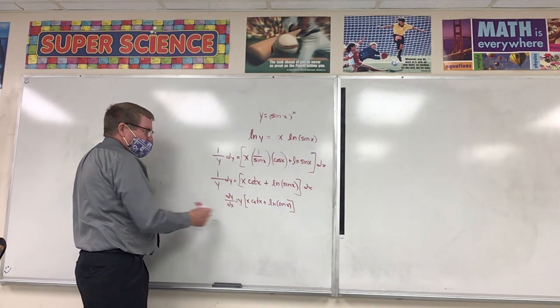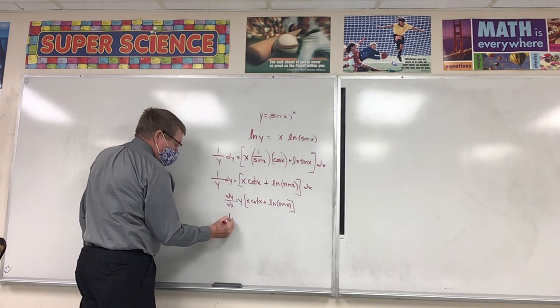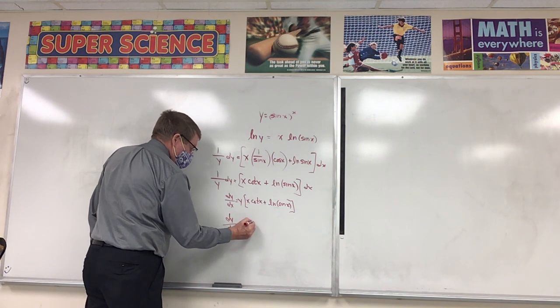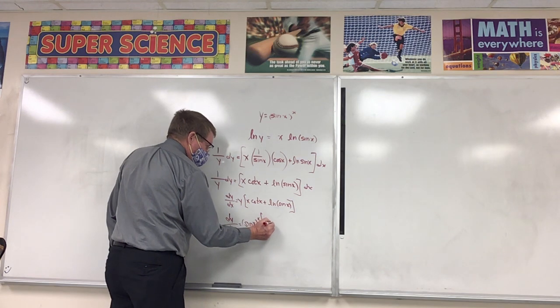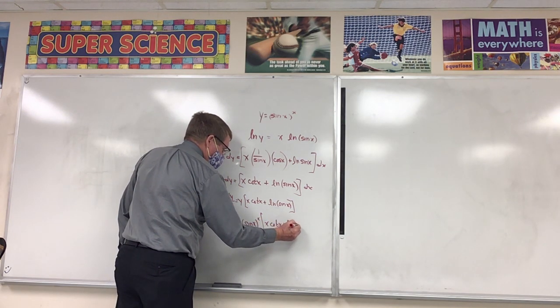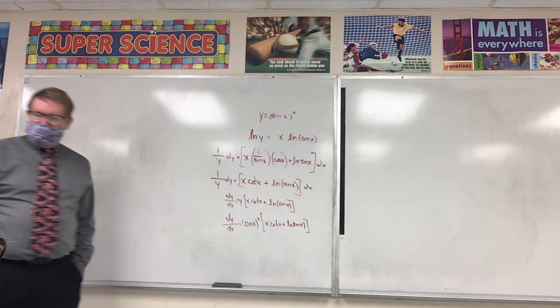We only want one variable, so what does y equal? Sin x to the x. So dy over dx equals sin x to the x times x cotangent x plus ln sin x, which is my derivative.